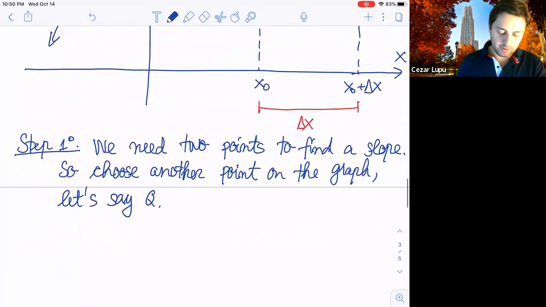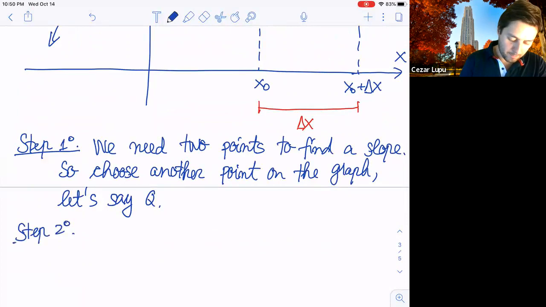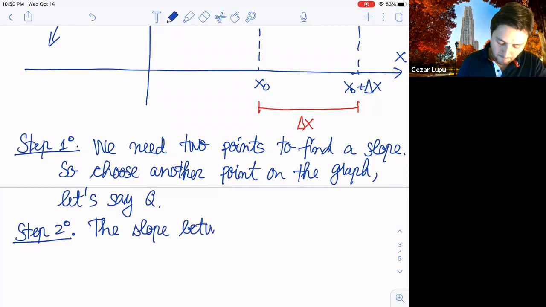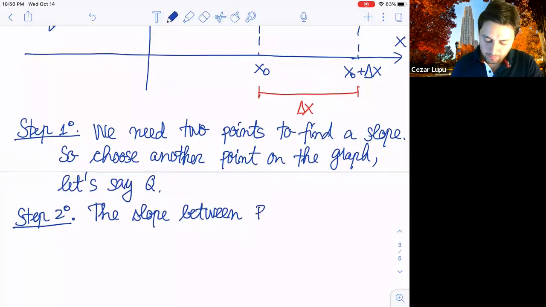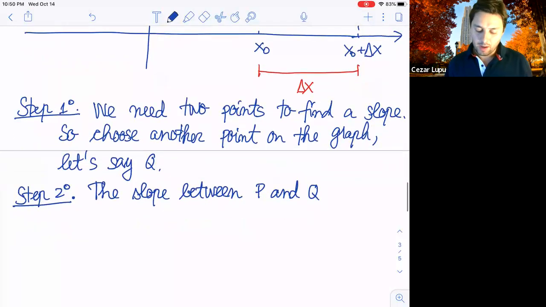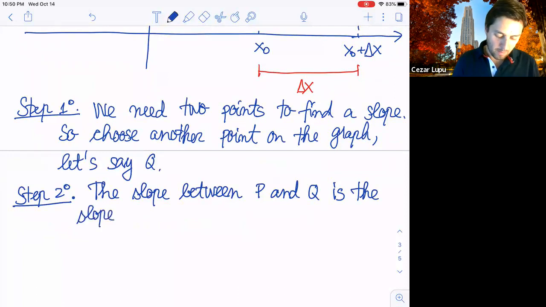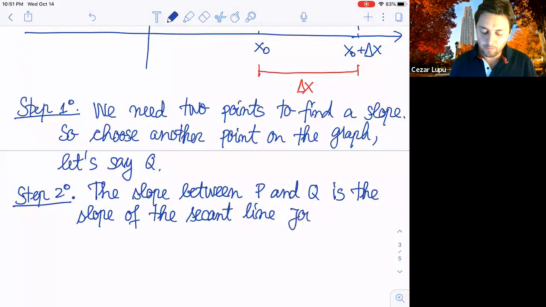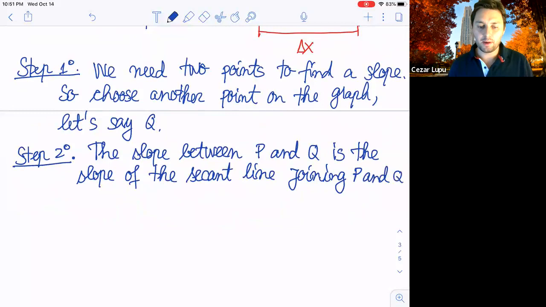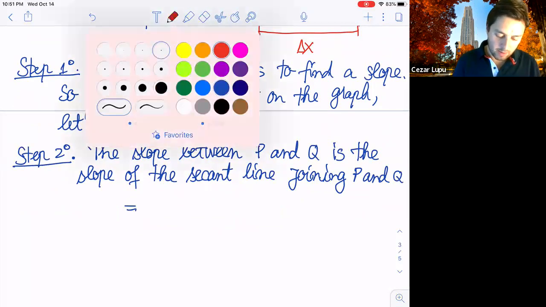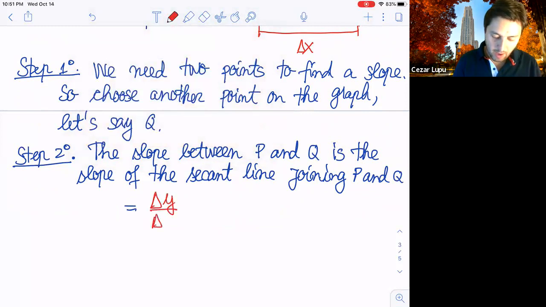Look at the graph. And now step 2. The slope between these 2 points, P and Q, is the slope of the secant line joining P and Q. We'll denote this as delta y over delta x.